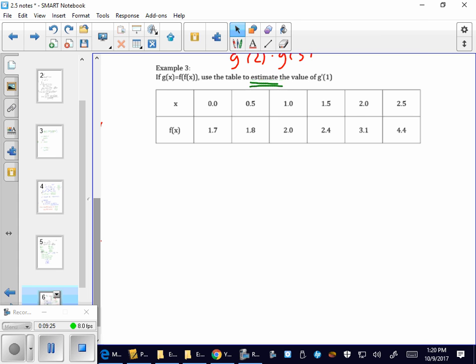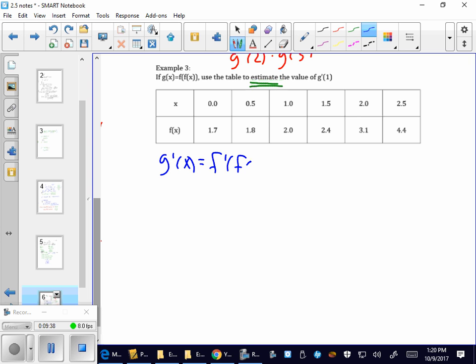So again, we need to start off with the idea that if g of x is the function f of x, we want g prime first, which will be f prime of f of x times f prime of x. What you should notice from the table is that we're given function values. We are not given derivative values at all.